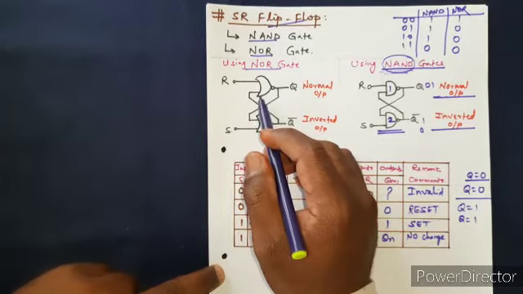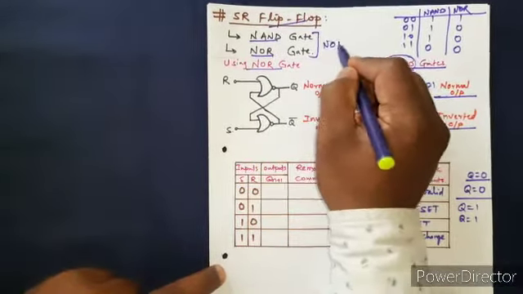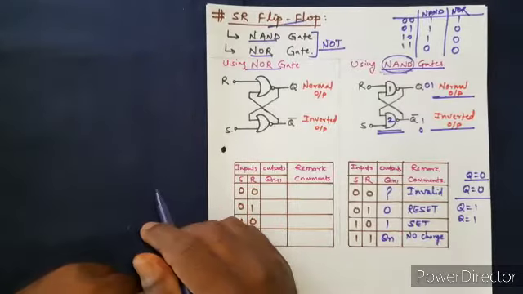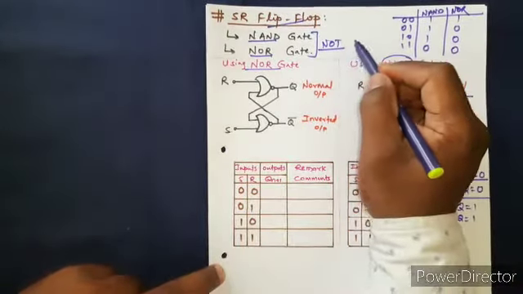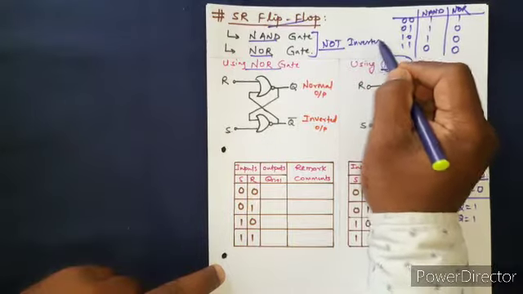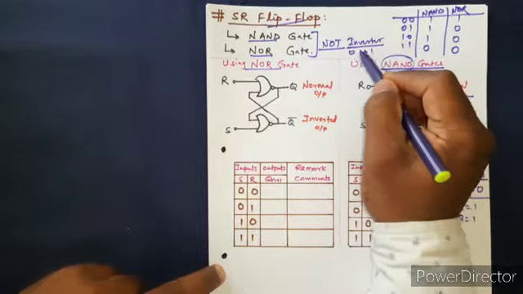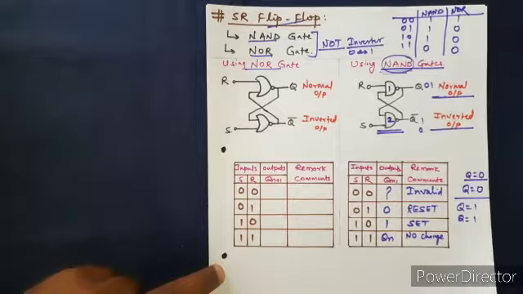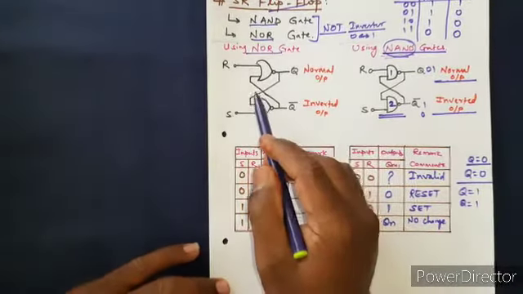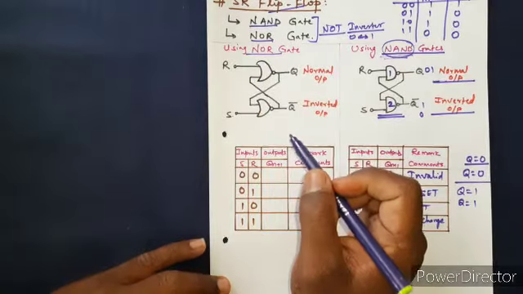We have seen this in universal gates, implementing the NAND gate or NOR gate as a NOT gate. Both can be used as a NOT gate, which is also called an inverter, because it inverts. If you provide 0, it will give you 1, or vice versa.